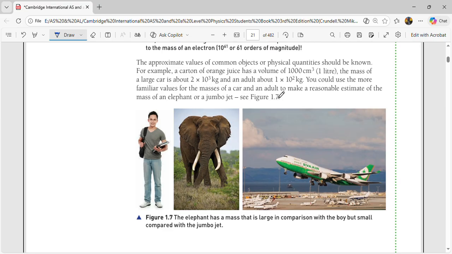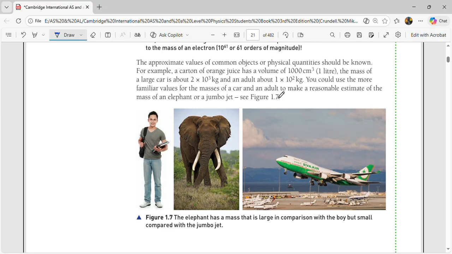So if you know an average mass of an adult person, then you can estimate the mass of an elephant, because how many adults can make up an elephant?